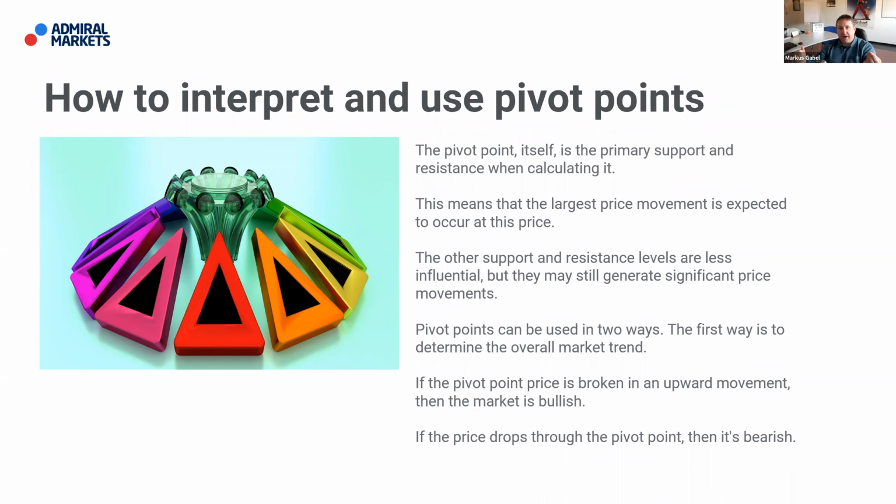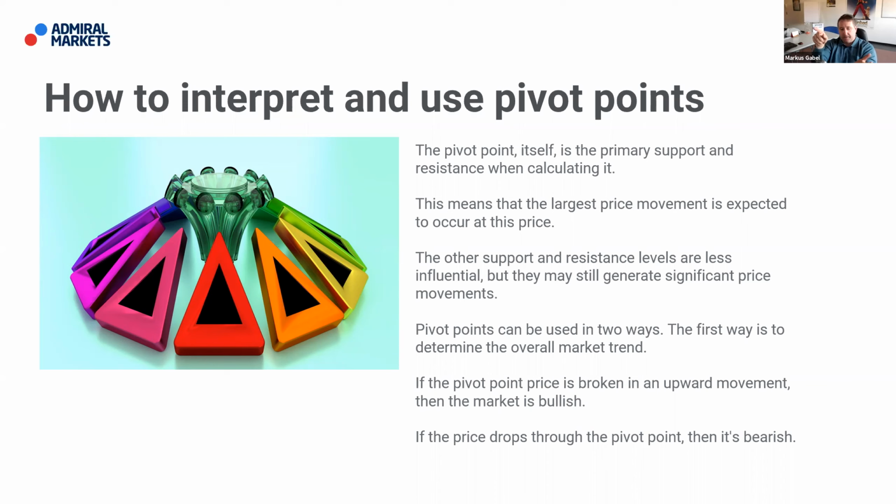So no price, no pivot point. No price, no people trading, no pivot point. No order book, no pivot point. So that's easy. Price, of course. First comes the price and then the pivot point. So keep in mind that the price is always the basement of every kind of trading.